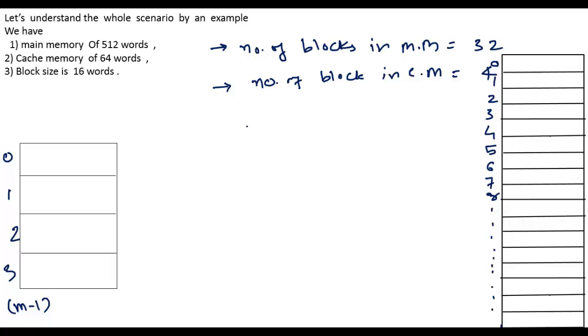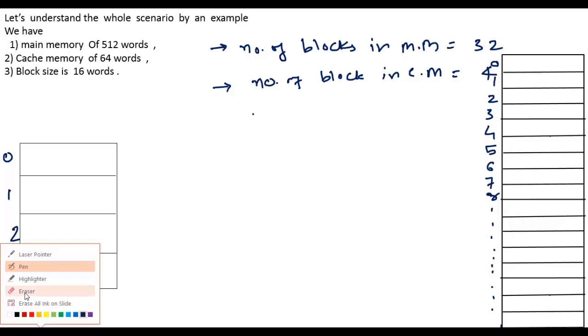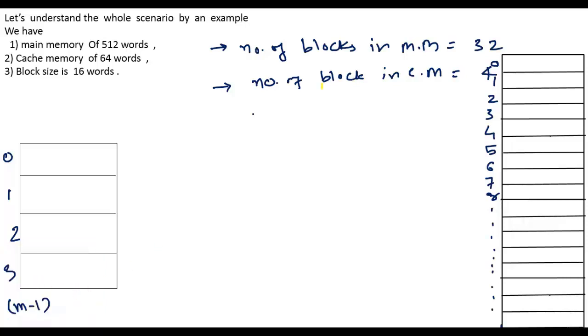By the rule of modulo operator, block number 0 of main memory will be transferred to the 0th block of cache memory.